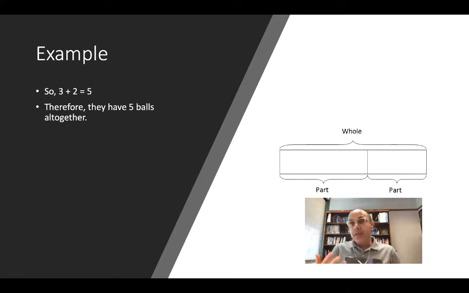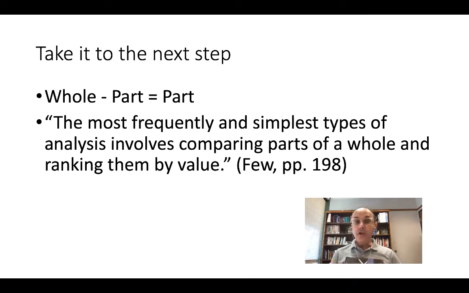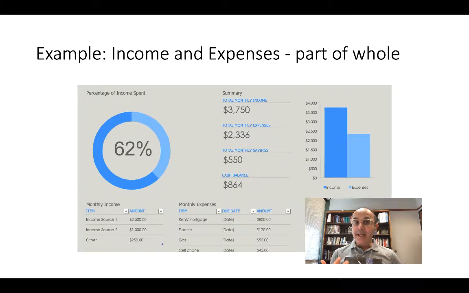So for example, 3 plus 2 is 5, and therefore we have 5 balls together, but the 5 balls does not mean that the parts are not different from one another. So the idea here is that in his eyes, according to our textbook, whole minus part is the simple way to compare things and to evaluate things overall.